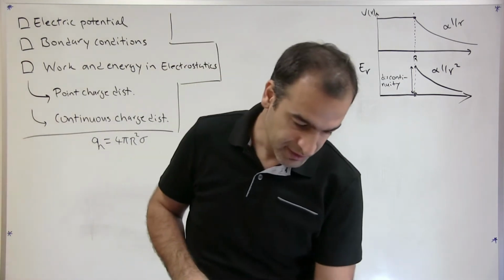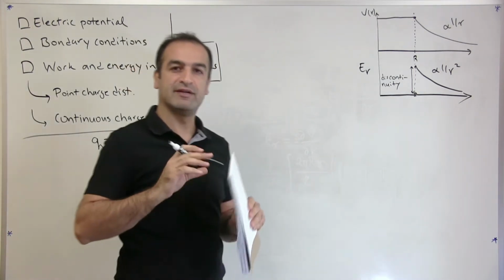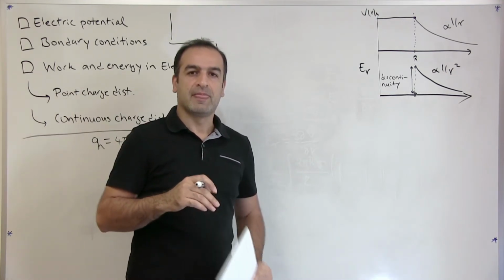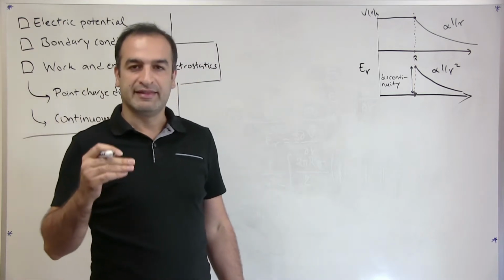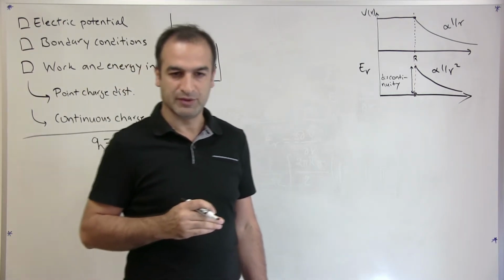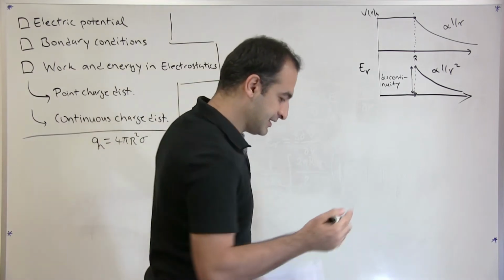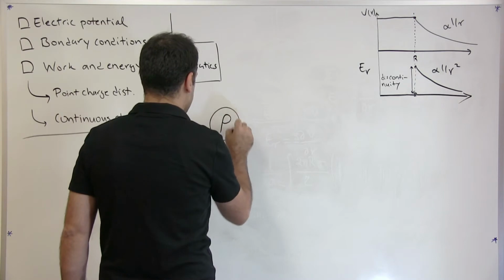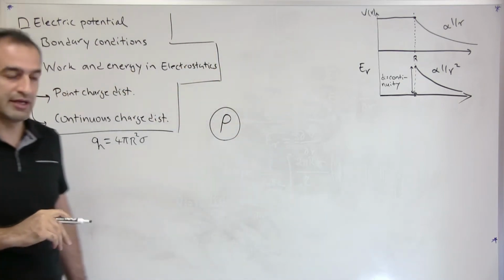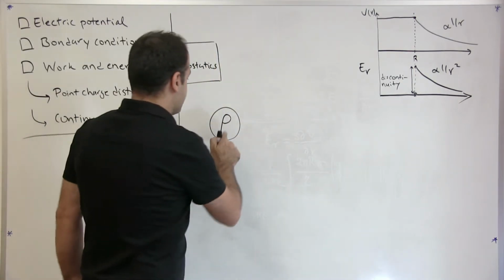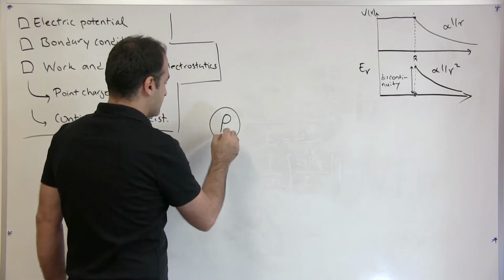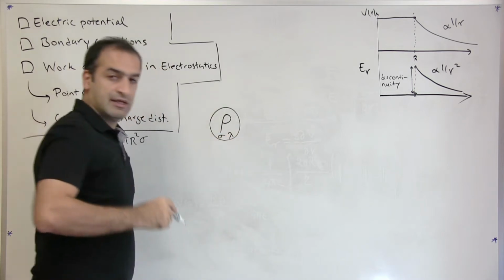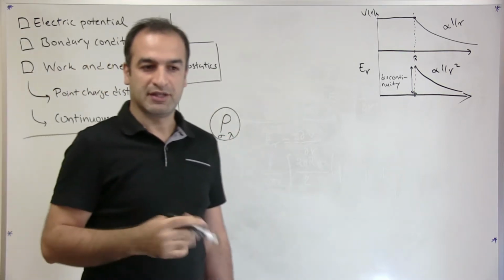Okay, so what I want to discuss now is that I want to give you an overall diagram of what we are trying to find in a typical electrostatic problem. Okay, a typical electrostatic problem starts from the fact that, let's say, we are given a specific charge distribution. Okay, so here I'm showing it as a function of rho, but it could also include some sigma and some lambda, surface charge density or linear charge density as well.